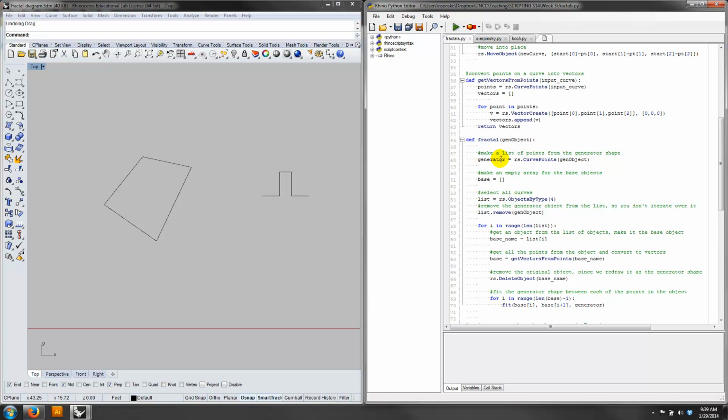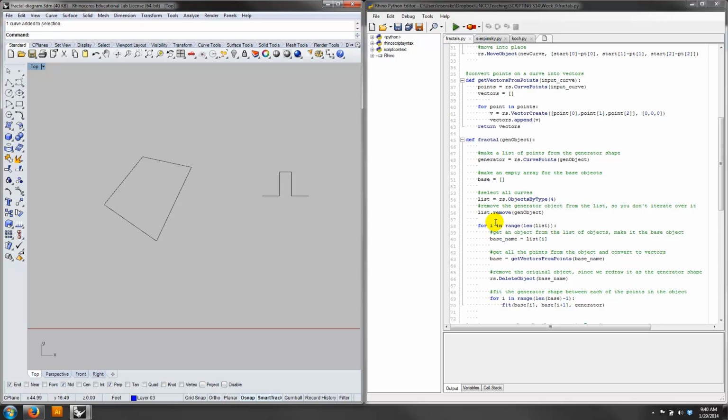So it's a list of all the points in our generator object. Then we make an array for the base objects, just an empty array. Then we make a list of all the objects of type 4, which is curves and lines, and we remove the generator object from that list. So what we want is only a list of the things that are not the generator. That's a way to do that.